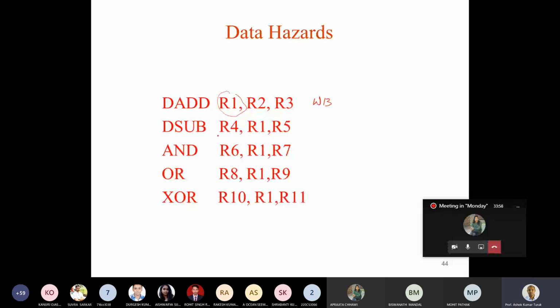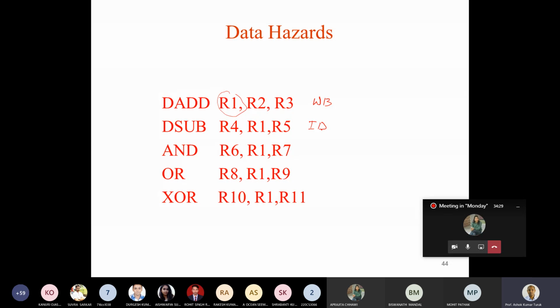The subtract instruction reads the value of R1 in the instruction decode stage. So the add is writing the value of R1 in the write back stage, and the subtract instruction is reading the value of R1 in the instruction decode stage. So the order of read and write is changed, as a result of which a data hazard is going to take place.